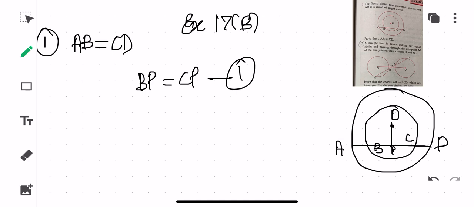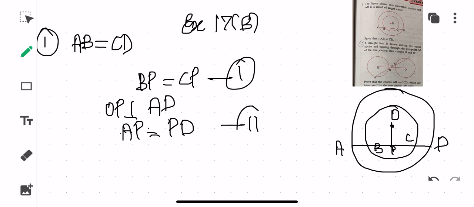In the next part, similarly you will take the bigger circle in which you will write that OP is perpendicular to AD. So this will imply that AP is equal to PD. You will take this as equation number 2, and then you will do 2 minus 1.